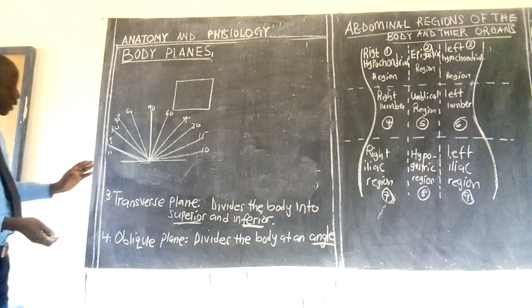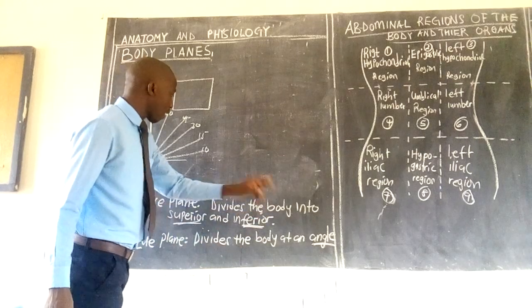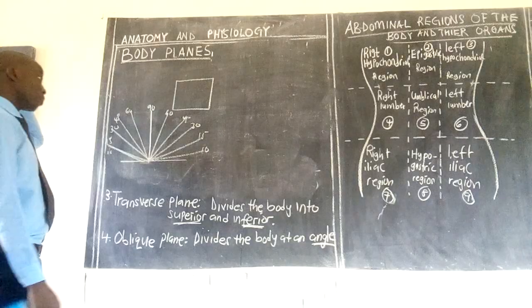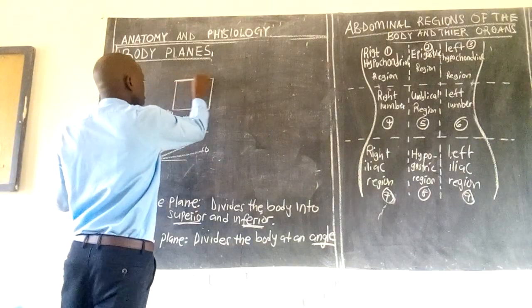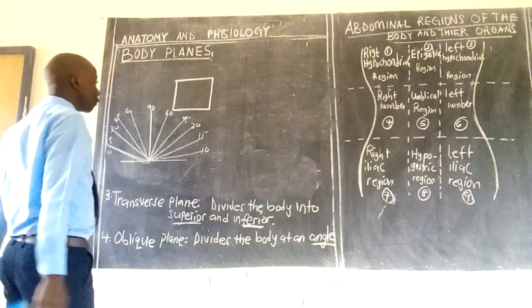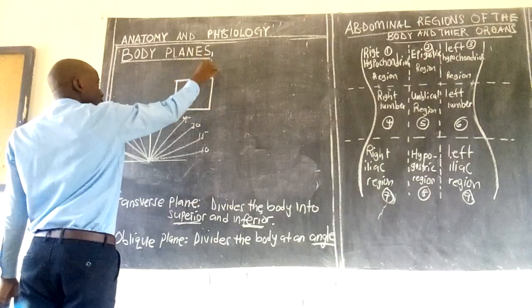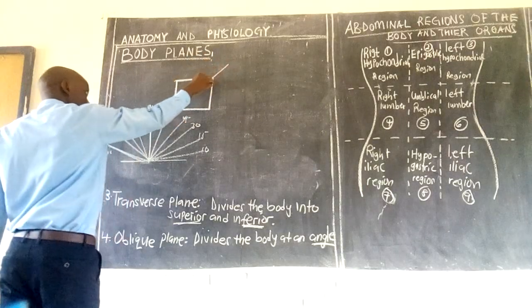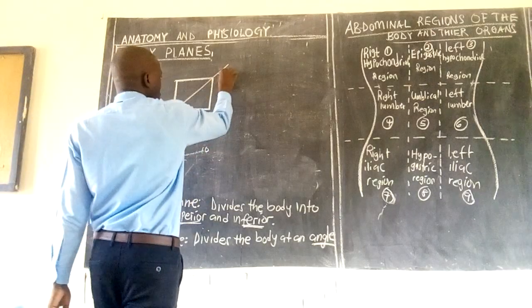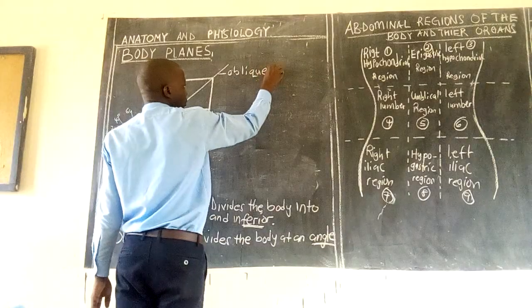So any line of dissection at an angle is what we call an oblique plane. Meaning, if this is my body structure, if I'm to make imaginary lines, that line that is going to be dissecting it at an angle is what we call an oblique plane.